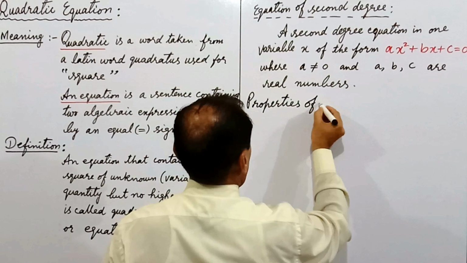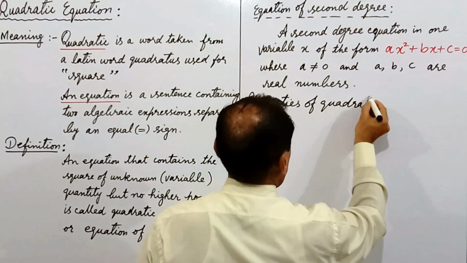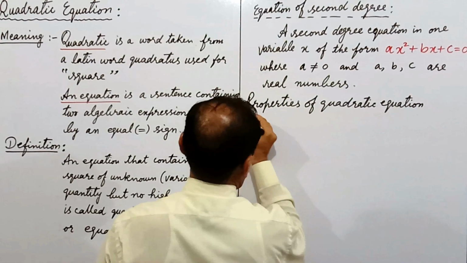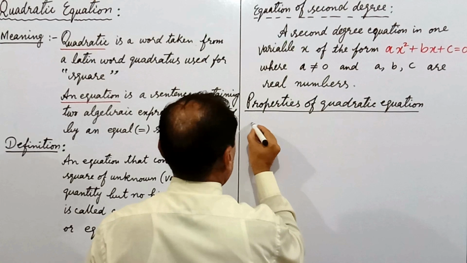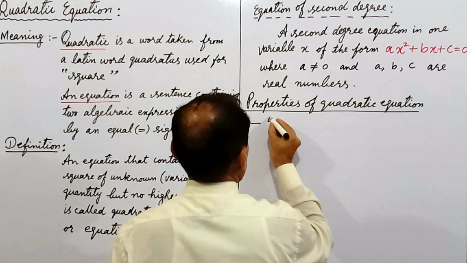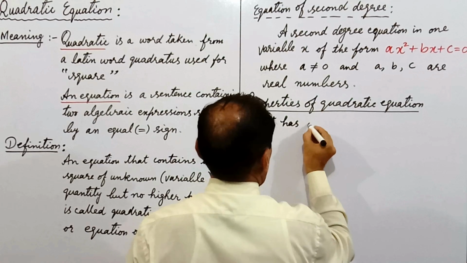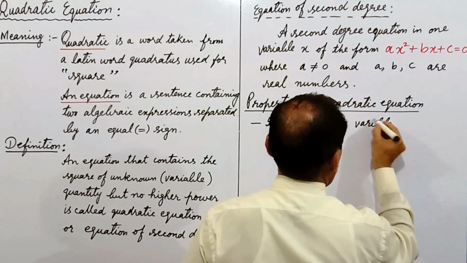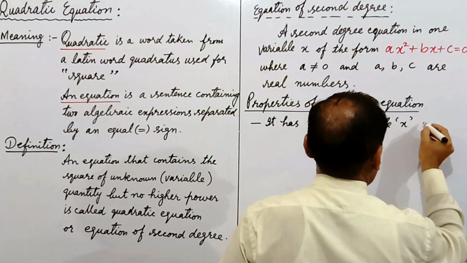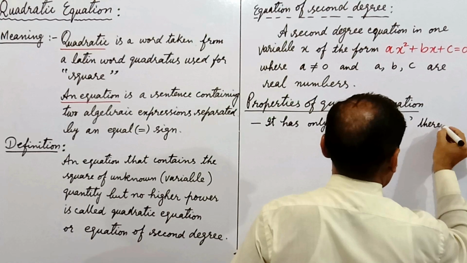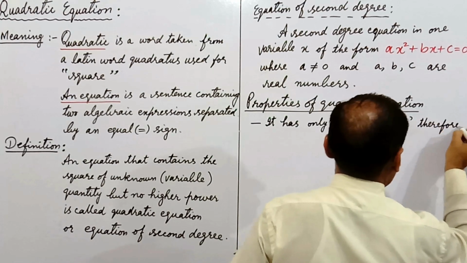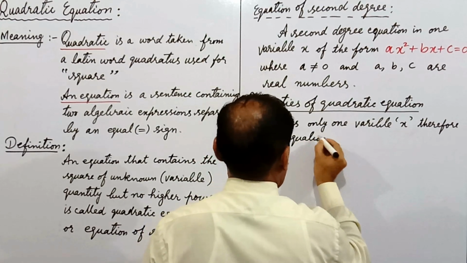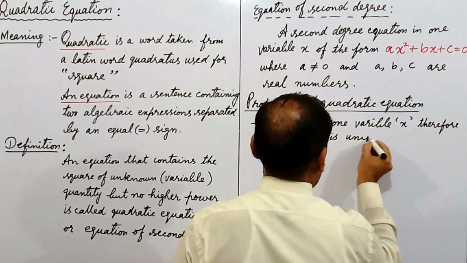Properties of quadratic equation. Number one, it has only one variable x, therefore the equation is univariate.